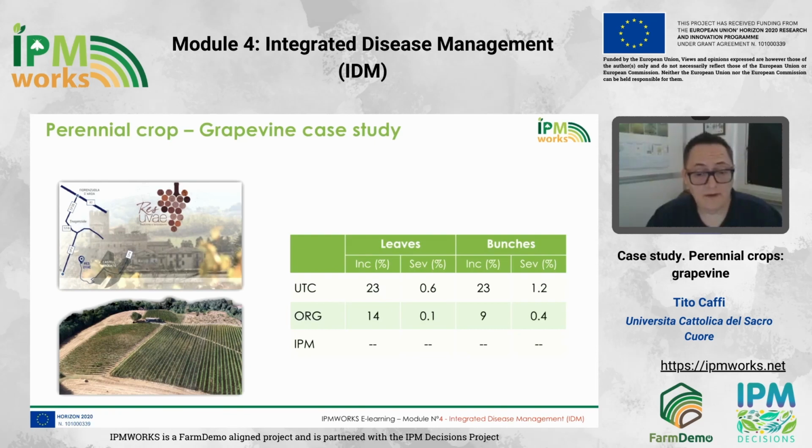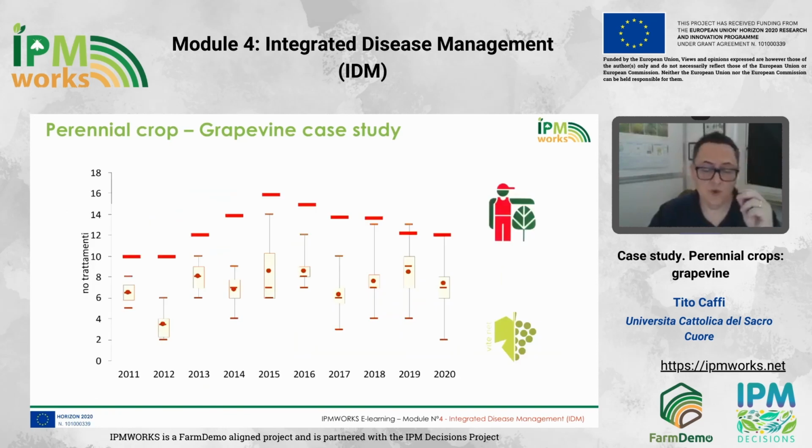The IPM program applied according to the information of epidemiological models was very good. In organic farming, we had a little bit of presence of disease, but with 9 treatments, it is absolutely a very good result.